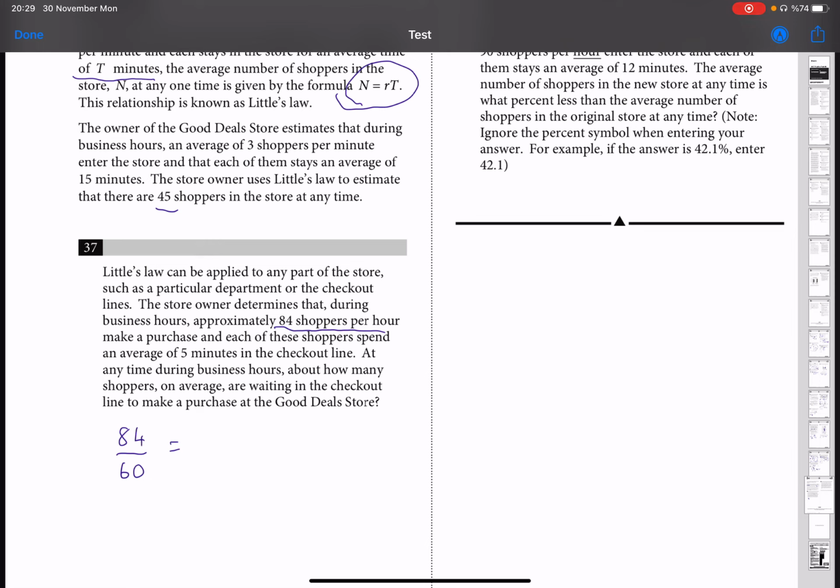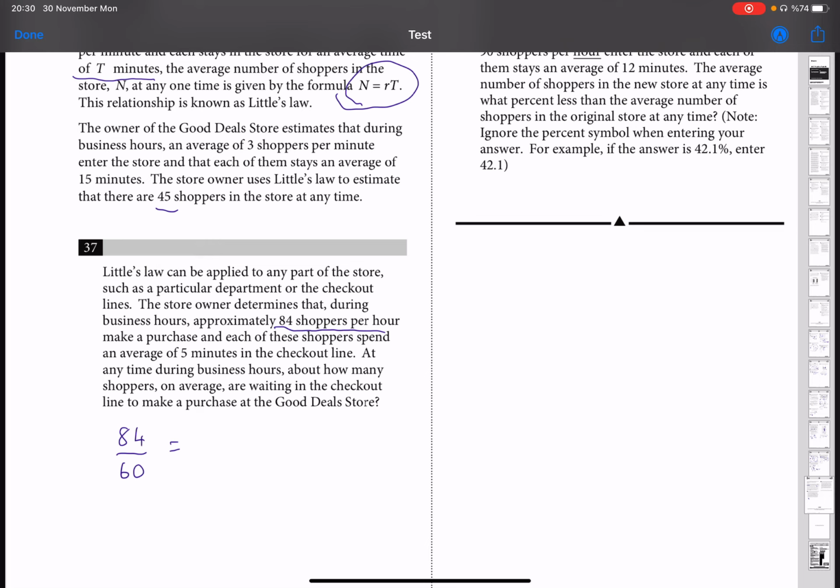At any time during business hours, about how many shoppers on average are waiting in the checkout line to make a purchase at a Good Deal store?